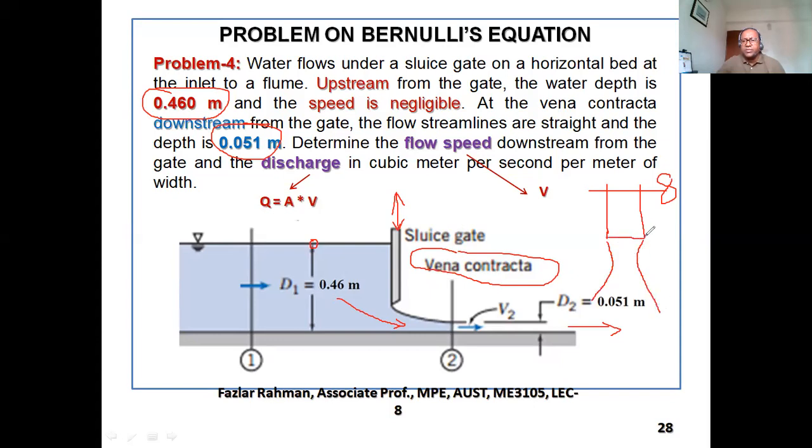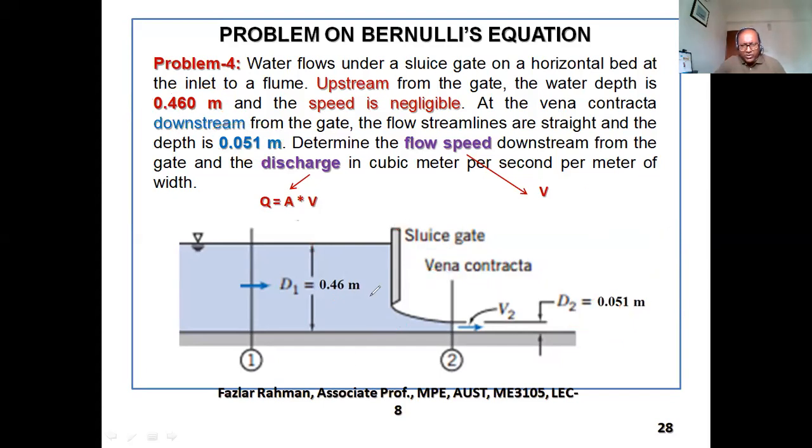So this is the mouth of your water tap. It's coming down. Then at some stage you see the diameter of the water right over here shrinks a little bit. Then it gradually spreads. So this portion is called vena contracta.